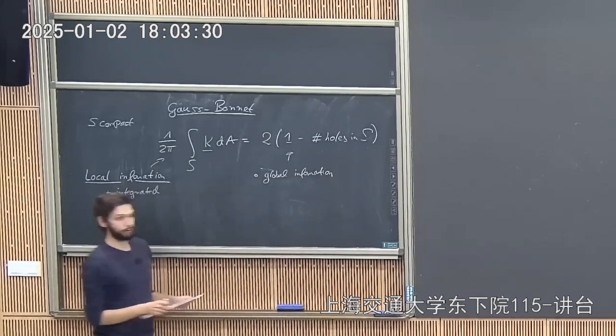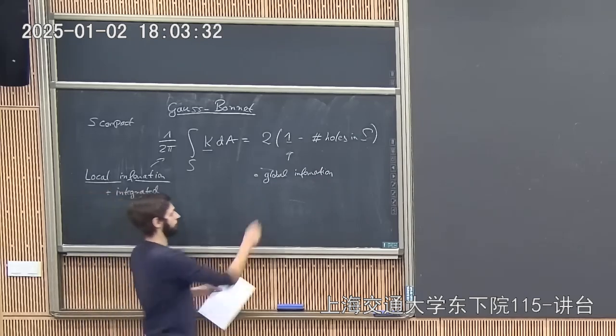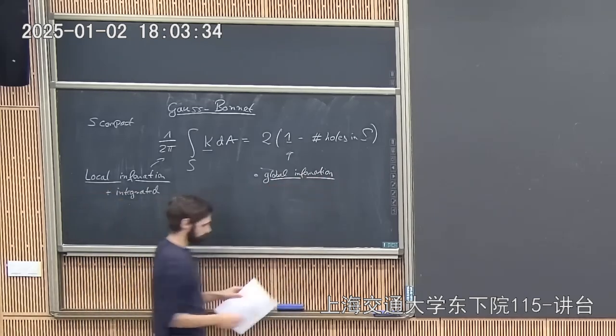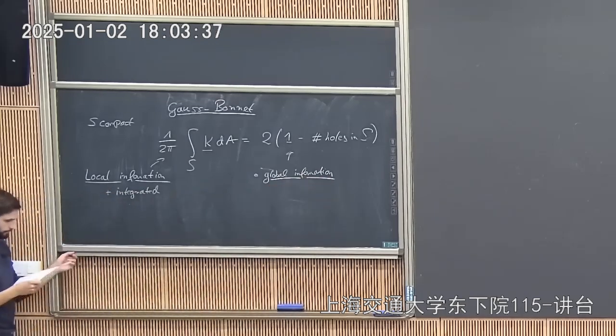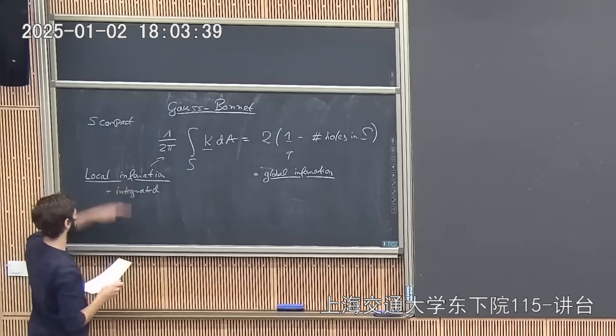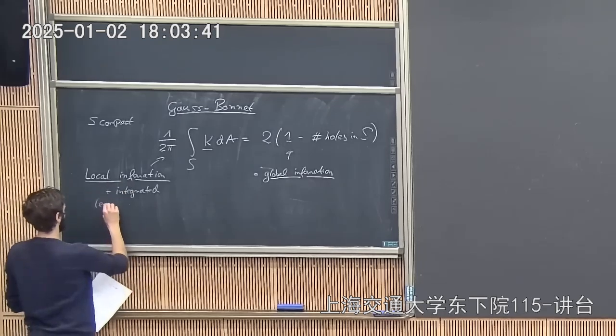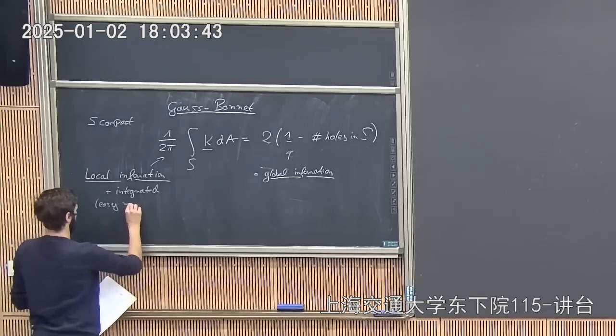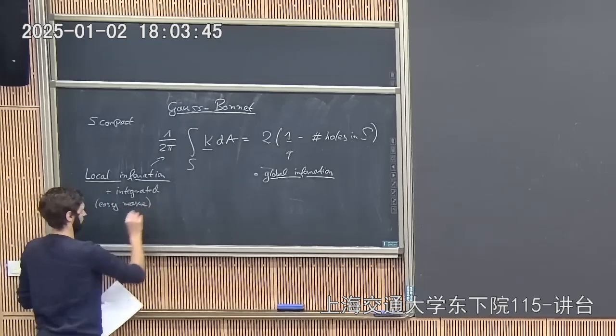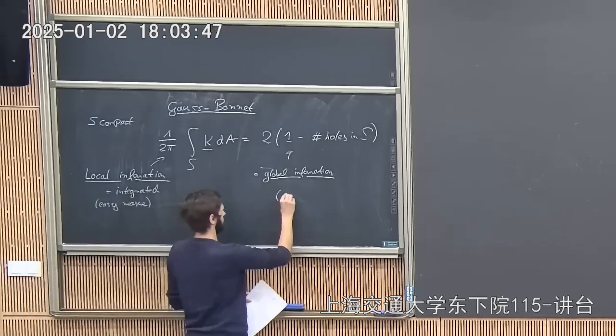You will never be able to say how many holes are in a surface if you only know local information. So in some way, it's easy to measure. And that's usually a bit harder.